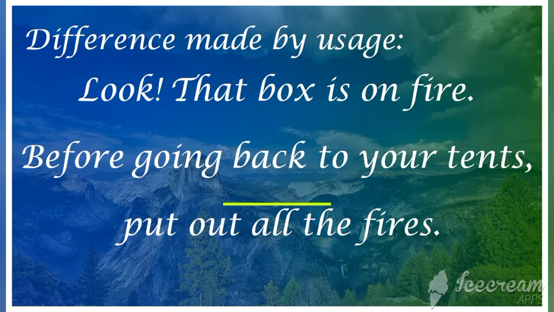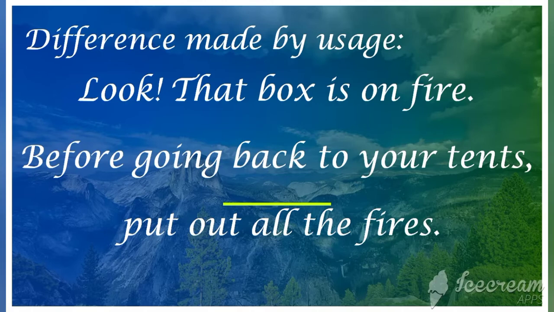And then see here, look, that box is on fire. What is this sentence saying? Some box is burning, right? So we are saying the box is on fire. Generally you all know what is meant by fire, right? In this first sentence, this fire is uncountable. It is referring to fire in general. And see here, before going back to your tense, put out all the fires.